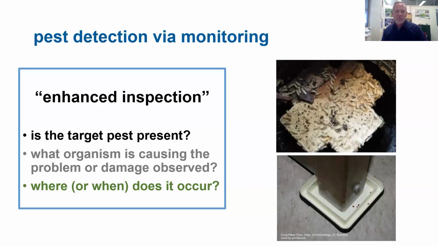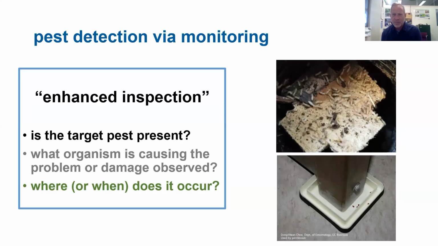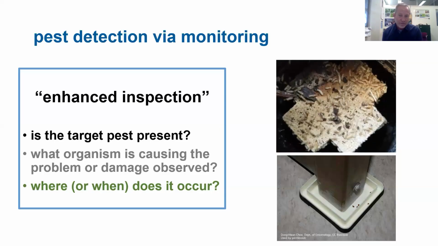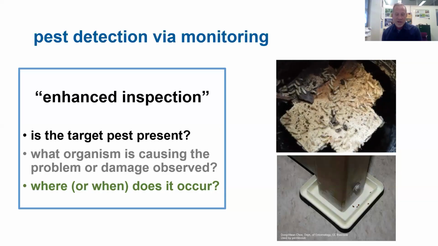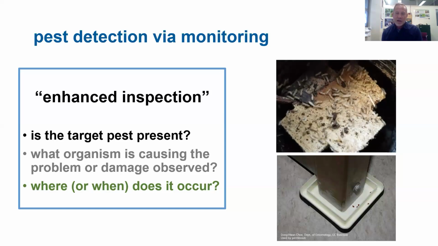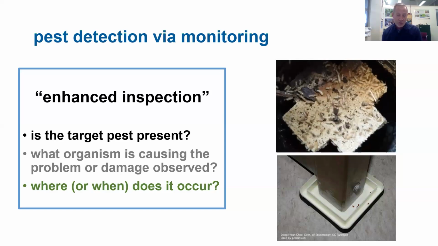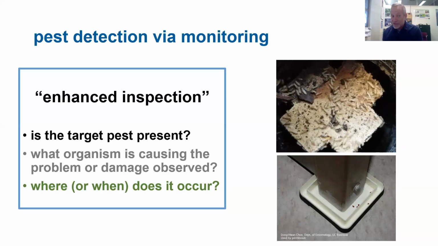This is also important with bed bugs. You see a monitoring device on the bottom right here. It's a pitfall interceptor, commonly used for bed bugs. A lot of times, bed bugs are difficult to find during an inspection. They may be harboring within a deep crevice.